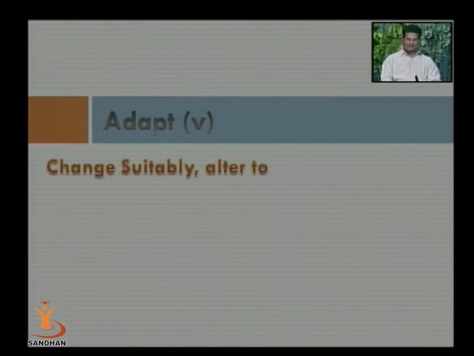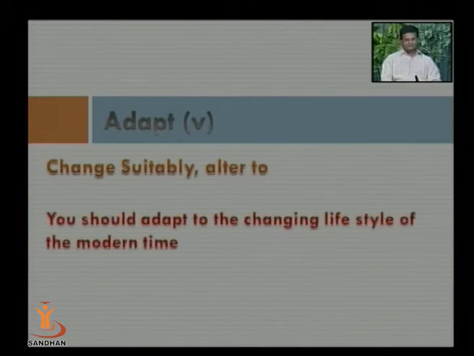And here, the word adapt is used as verb. You should adapt to the changing lifestyle of modern time. Your lifestyle has been changing constantly, and one has to adapt oneself to it. So here adapt is used as verb.